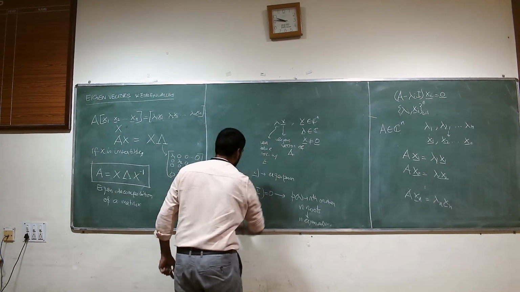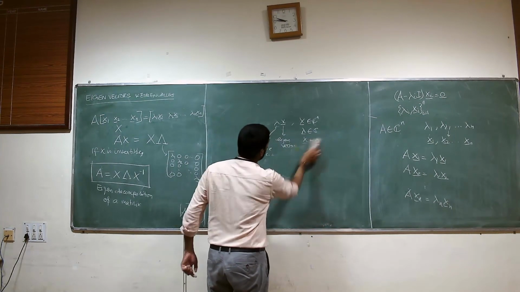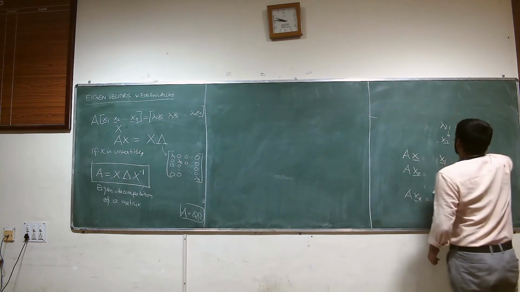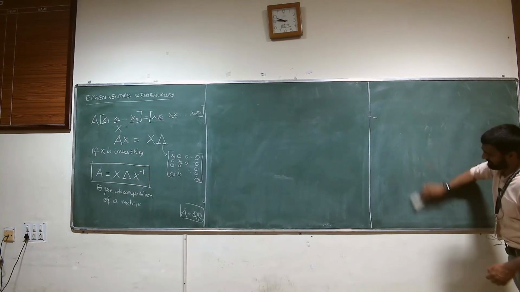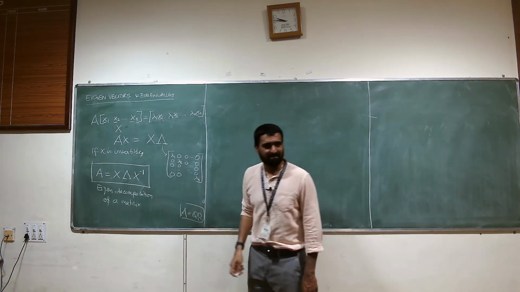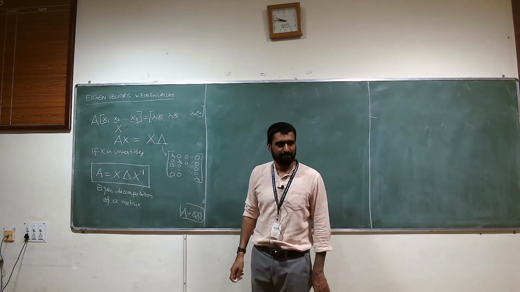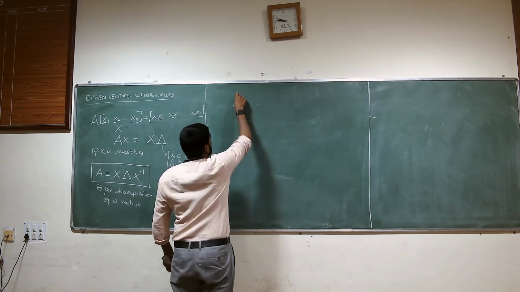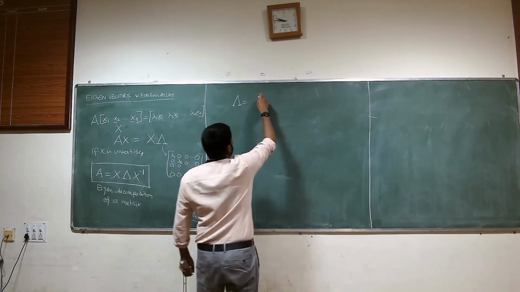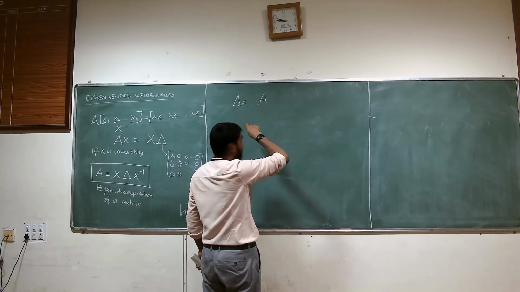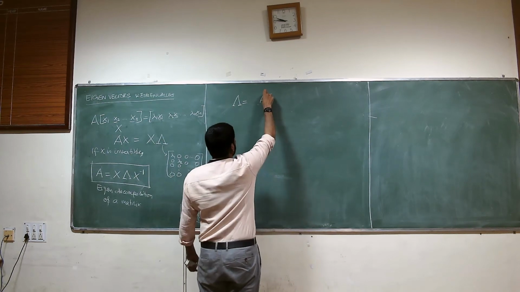Is that a similarity transformation? This one. Or if you write it the other way around, if A is this, then what is lambda?